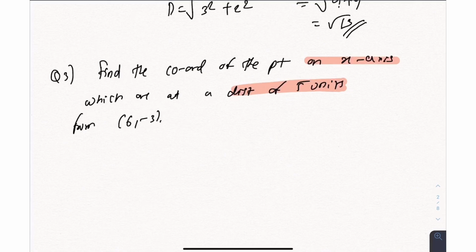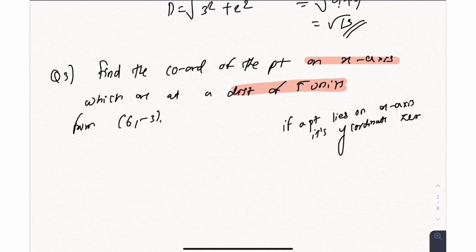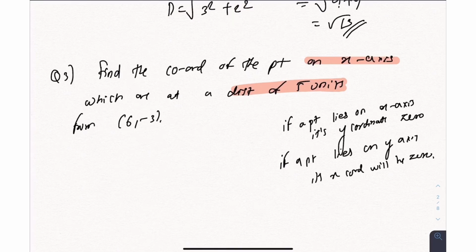So this you should know that if a point lies on x-axis, its y coordinate will always be 0. You can make a note of it. And similarly, if a point lies on y-axis, its x coordinate will be 0.